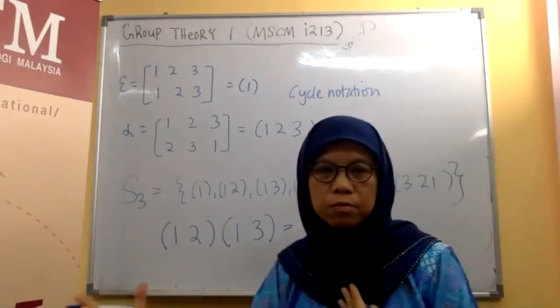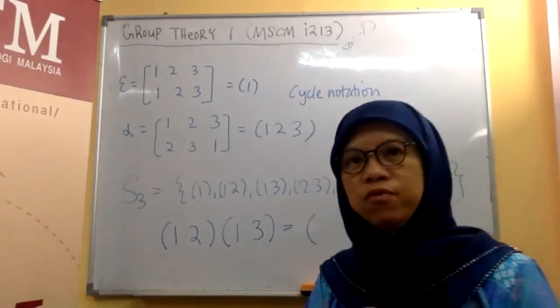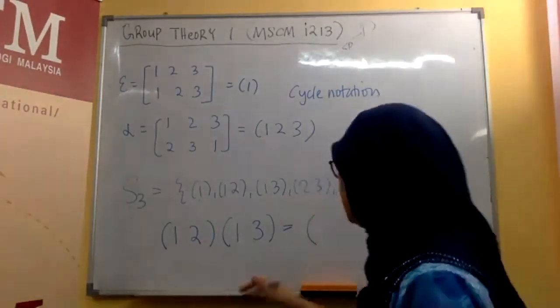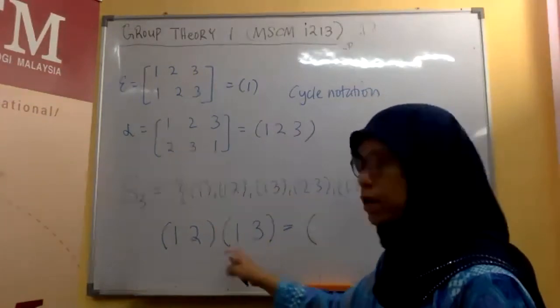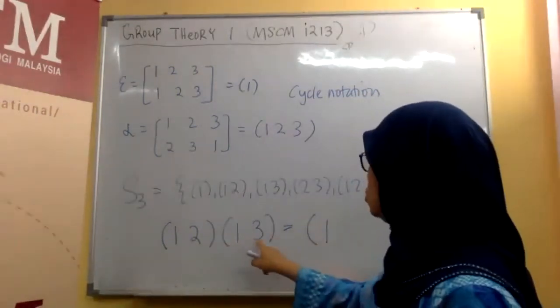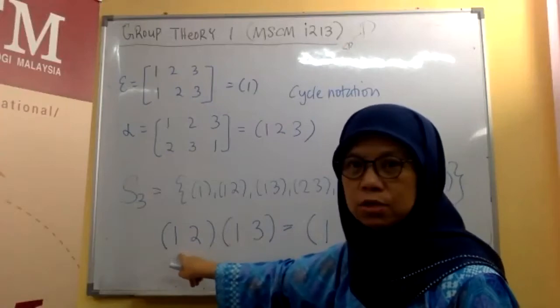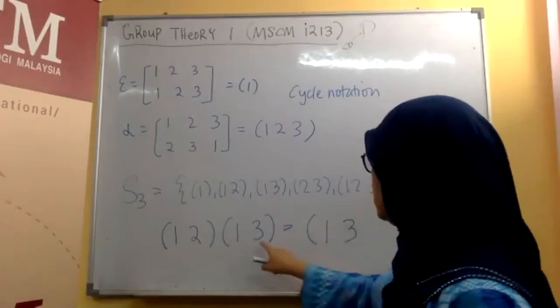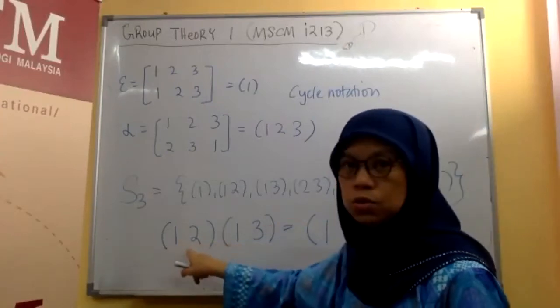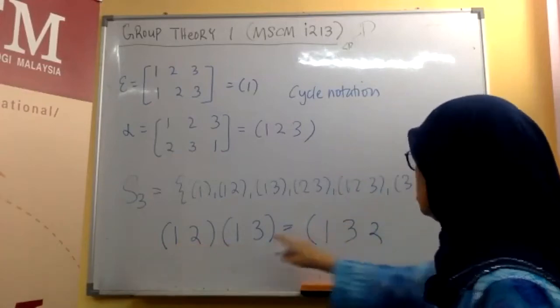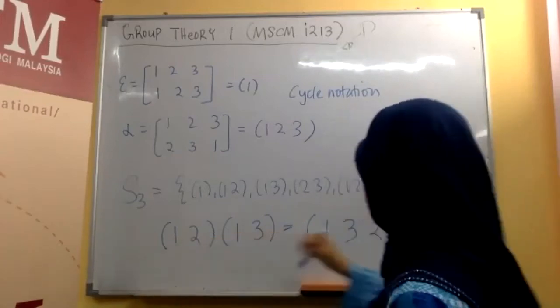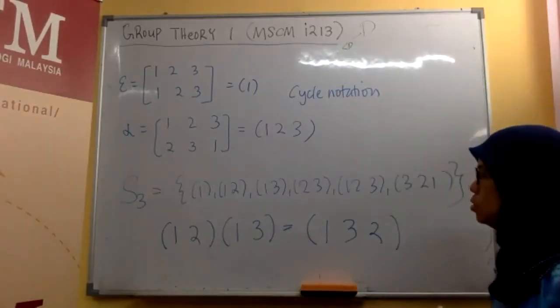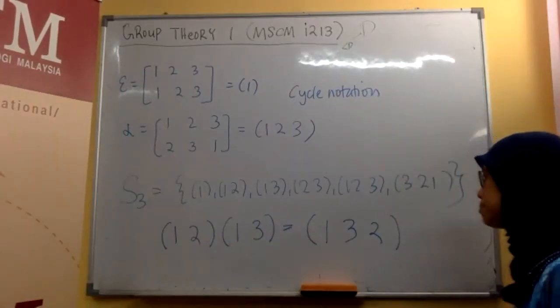I multiply from the right. I don't know if you learned before from the left, but I multiply from the right. Meaning I have to go from the right, 1 goes to 3. There is no 3, so I stop at 3. 3 goes to 1, 1 goes to 2. 2 goes to 1. So this is how you multiply them.